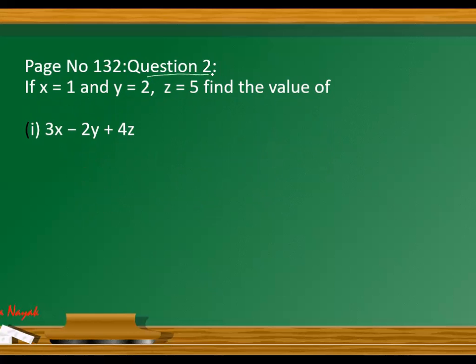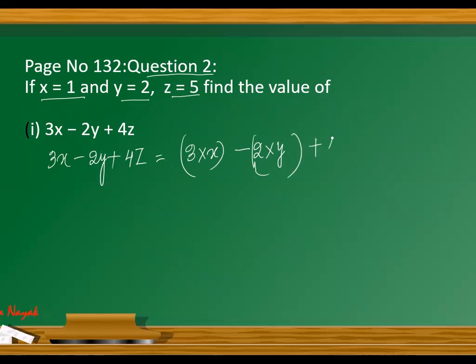Next is question number 2. x is 1, y is 2, z is 5. Find the value of 3x minus 2y plus 4z. You have to get the value of this. So 3x minus 2y plus 4z can be written as 3 multiplies x, minus 2 multiplies y, plus 4 multiplies z. What is x here? x is 1.